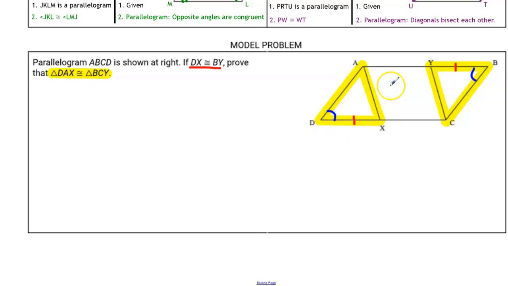Those two are opposite angles in the parallelogram, but they're also angles within the triangles. And similarly, we know that line segment BC is an opposite side to line segment AD. So they're opposite sides in the parallelogram, but they're also related sides in the triangles.